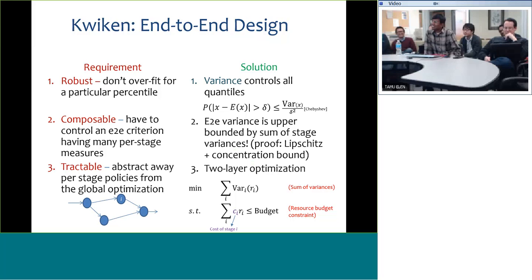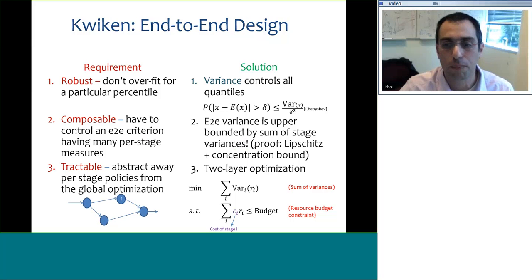So you'll have to believe me, but the sum of variances is an upper bound on the variance of the end-to-end latency. Another point is that we have a very complicated optimization. We need to decide what to do with a given stage, how much reissue budget to assign to it. We want to have a tractable optimization procedure. So what we do here is a 2-layer optimization, and this is maybe the most important part, bear with me, this is the essence behind what we do.